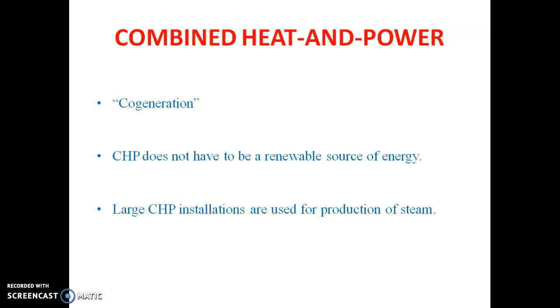When you operate the CHP in a controlled condition, it will be the most efficient plant as compared with different CHP processes. Large CHP installations are used for the production of steam, which will be used in industrial installations, then for space heating, in agriculture, and for direct heating also.